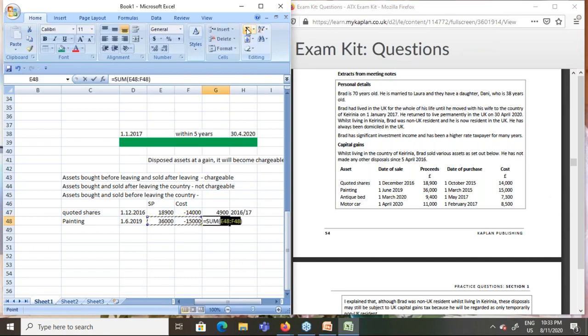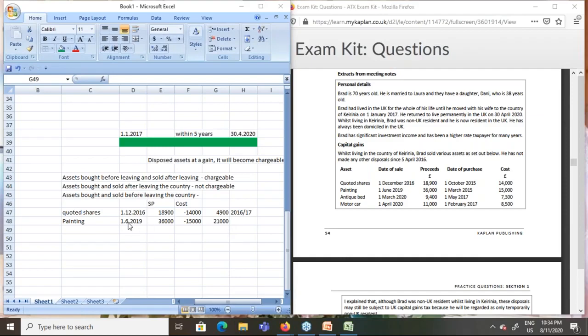Now here, remember, this falls within the rules of temporary non-UK resident, because you bought the asset before you left the country and sold it while you were absent from UK. Therefore, even though this gain arose when you were not a UK resident individual, since you returned within a period of 5 years, on your return on the 30th of April 2020, this 21,000 will become chargeable.